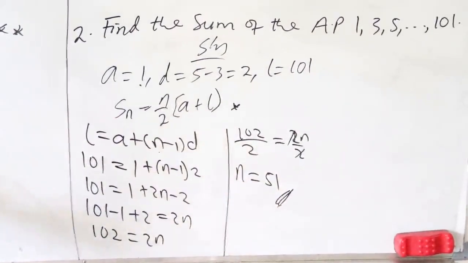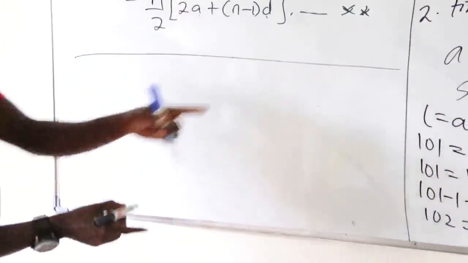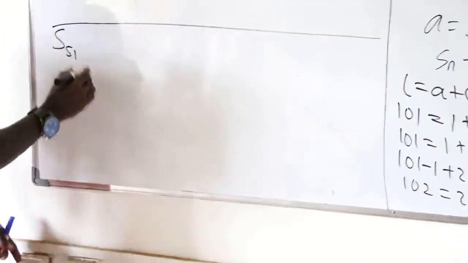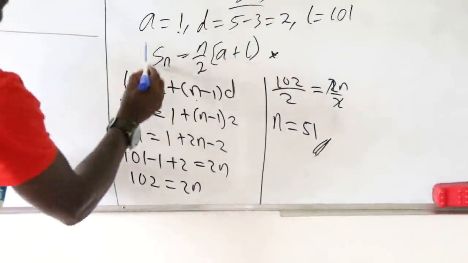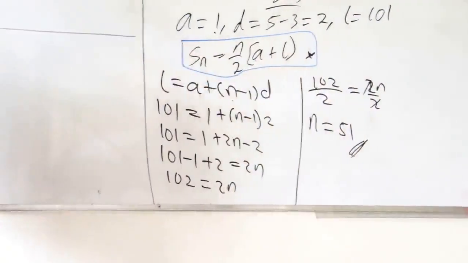And therefore, since there are 51 terms, they are actually asking us to find the sum of the first 51 terms. So we now say S51 equals, substituting into our formula here, that is the formula for the sum of terms when you know the first and the last terms.